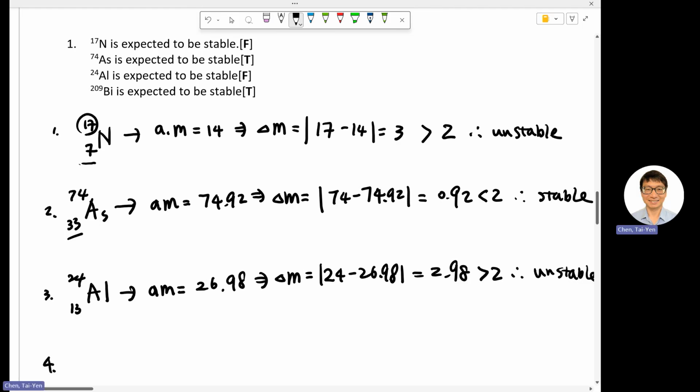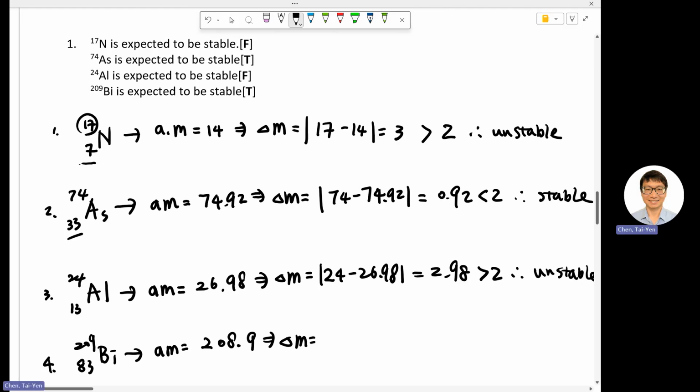Okay, the very last one, bismuth. What's the proton number of your bismuth? 83. Okay, atomic mass 208.9.